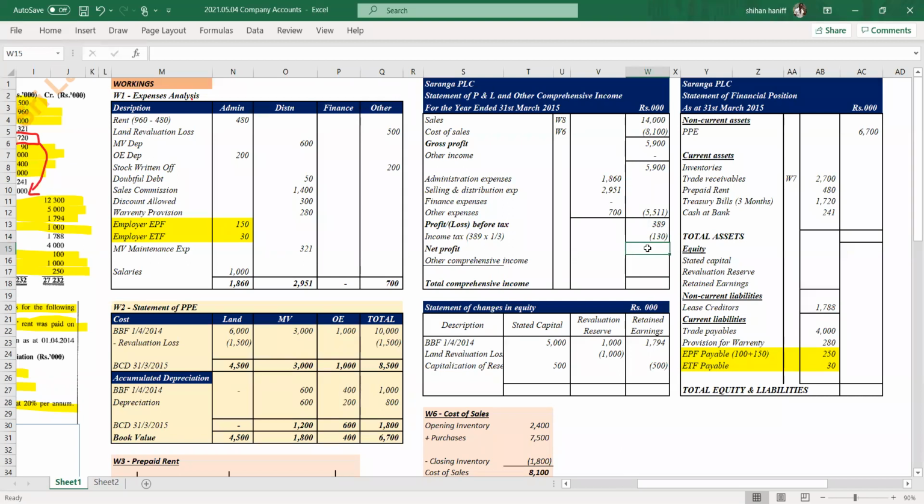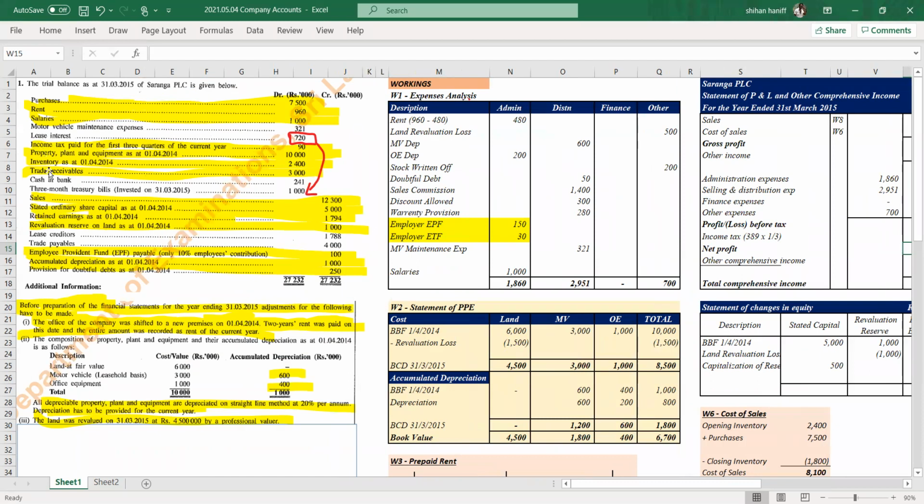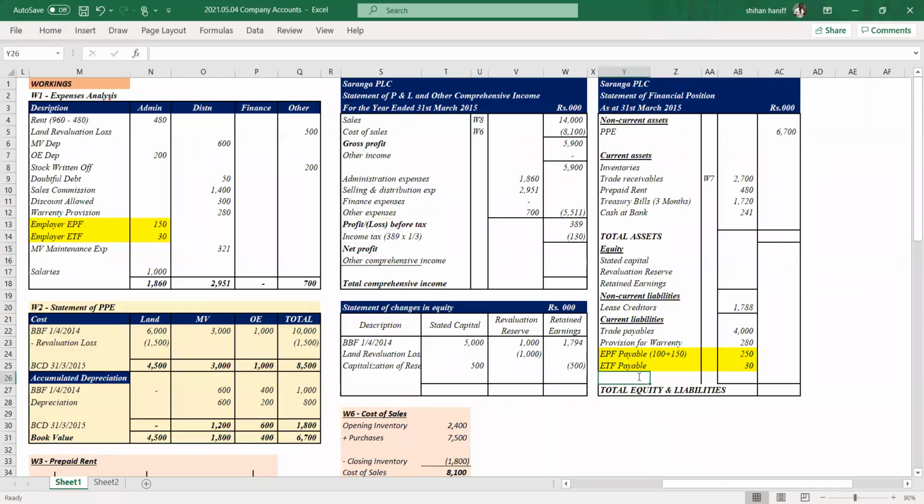So already there is an income tax payment. Income tax payable is 130 minus 94. That's it. So we can complete the rest.